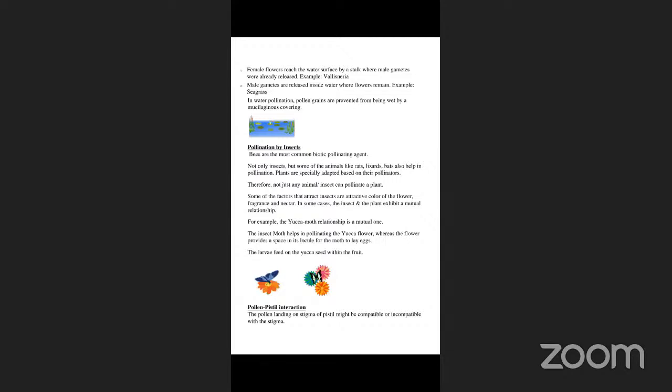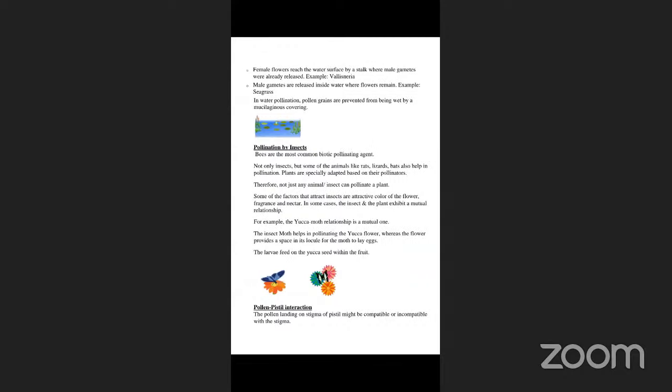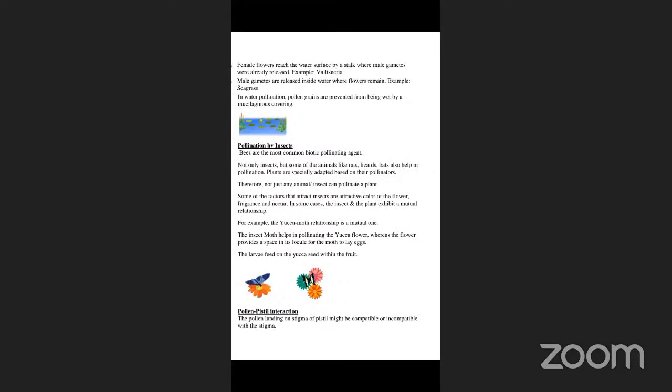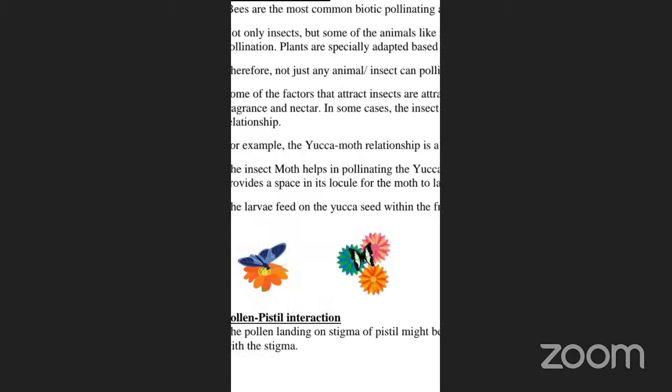Next, pollen pistil interaction. See the diagrams here. Bees touch and absorb honey from one flower. At the time of catching the honey, pollen grains settle on the bee's feathers, mouth and legs.